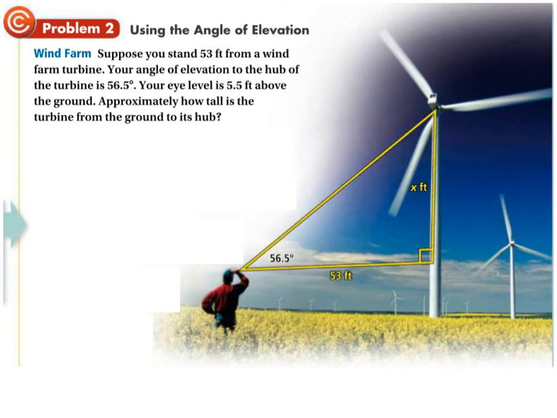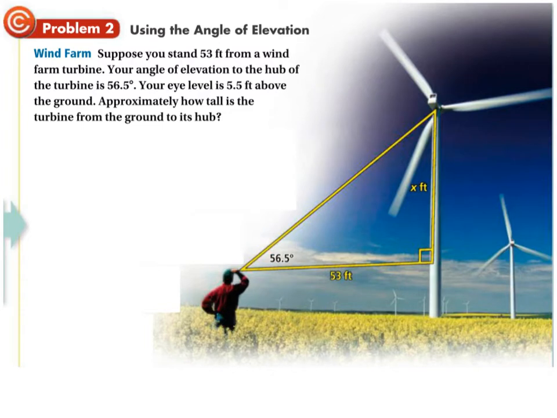Okay, so here's a real life problem, using the angle of elevation. Suppose you stand 53 feet, this right here, your distance from a wind farm turbine. Your angle of elevation to the hub, where the turbine spins from, is 56.5 degrees, and your eye level is 5.5 feet above the ground.